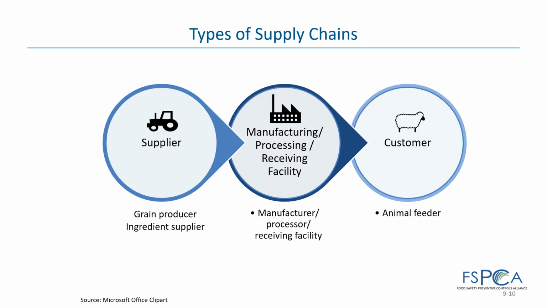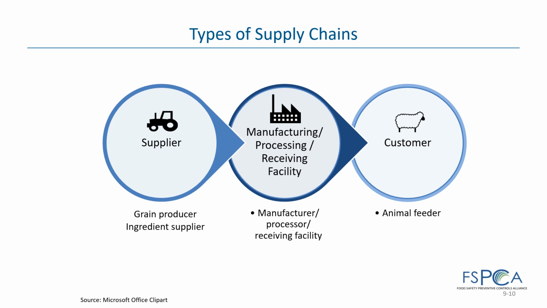Now we're going to look at some examples of different situations where we can have receiving facilities asking suppliers to control hazards for them. So this first one is a pretty simple one. Over on the left-hand side, we have a supplier that looks like it's probably some sort of farmer, a grain producer, or an ingredient supplier. They are going to sell their product to a manufacturing or processing facility, which we're assuming is subject to subpart C and E and is going to be considered a receiving facility.